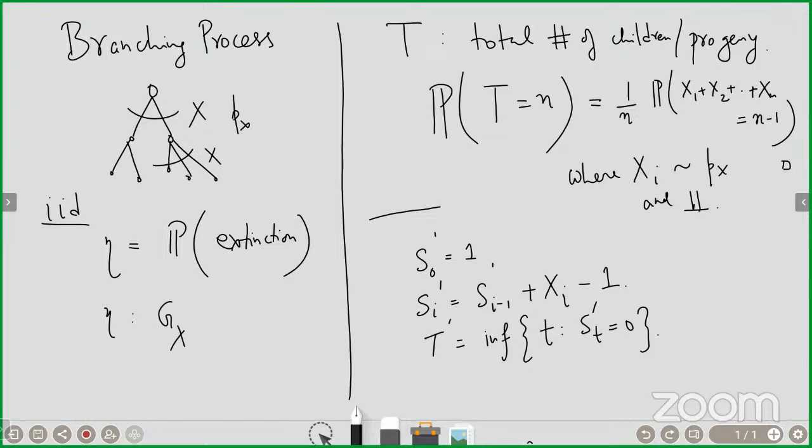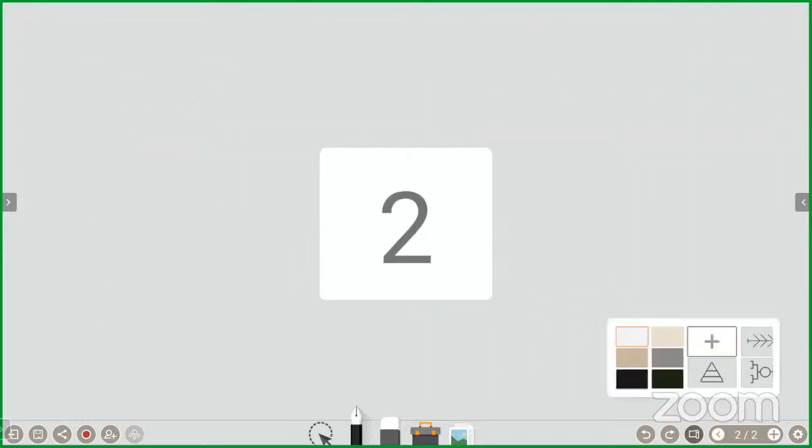Okay, let me make it more general. So this is going to be a general result, not necessarily for the branching process, but from here we can get back to the branching process.